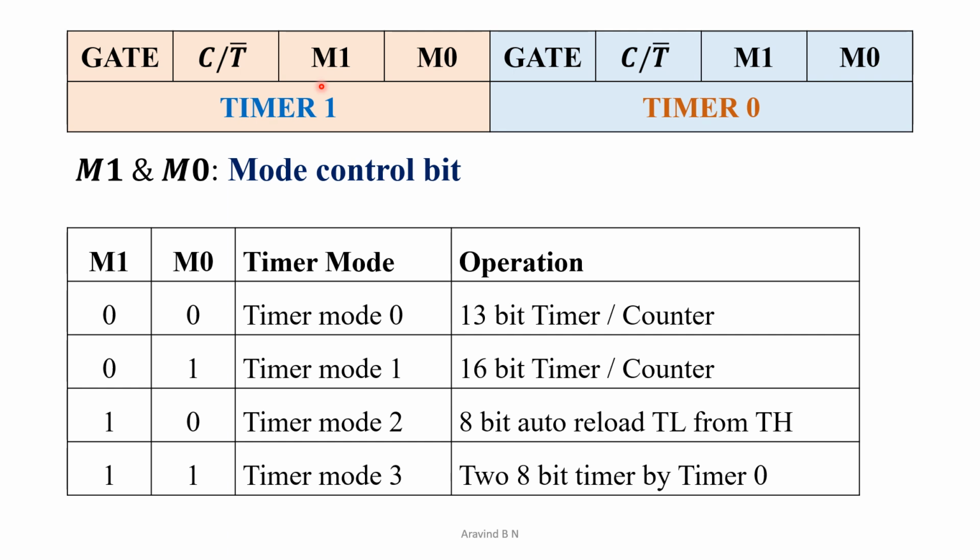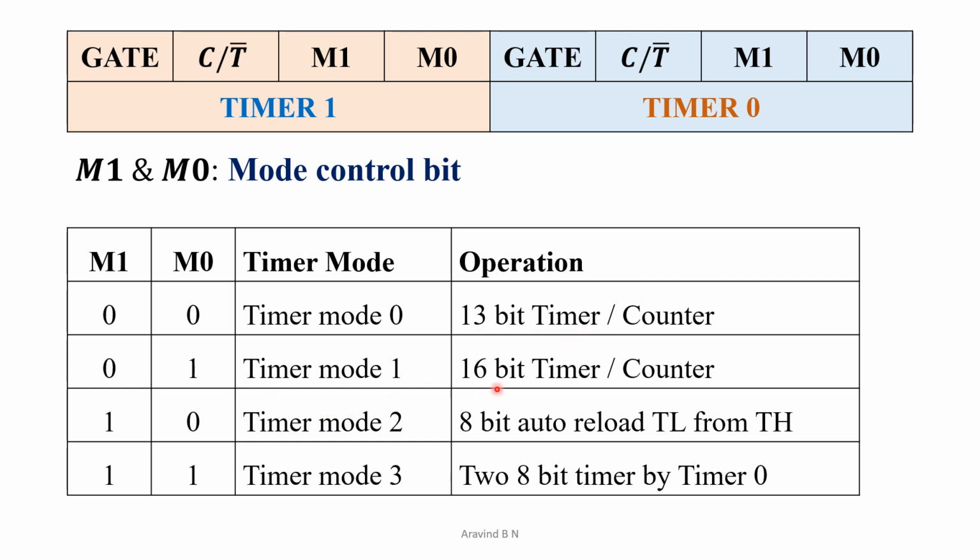This is a common concept applicable for both timer 0 as well as timer 1, and these are mode control bits. M0 and M1 are two bits that always work in combination, not individually. Therefore, with a combination of two bits, we get four representations: 00, 01, 10 and 11. 00 is timer mode 0, where the timer acts like a 13-bit timer or counter.